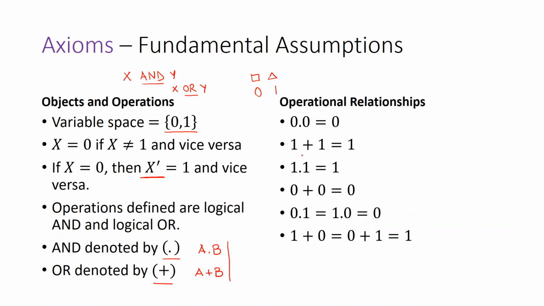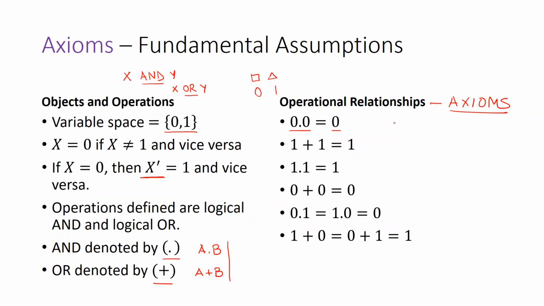So now the axioms, the operating relationships, the axioms are these: if you take the zero object and do a logical AND with the zero object itself, it will give you the zero object back. So 0 and 0 is 0.